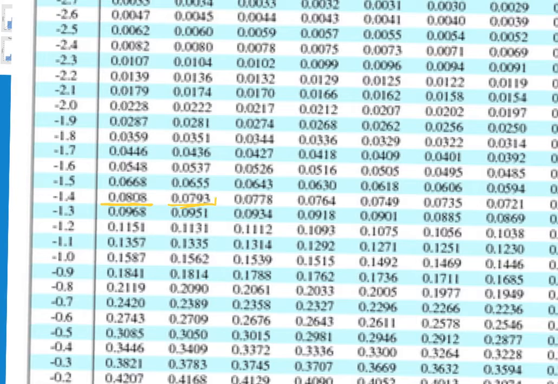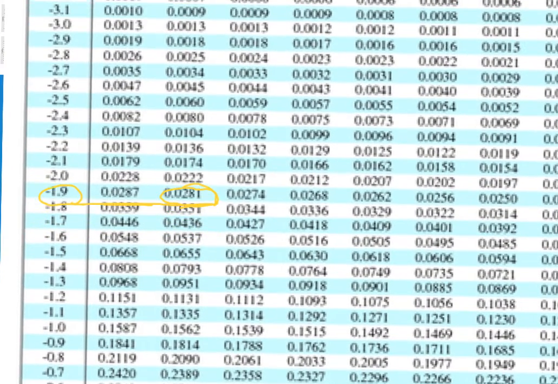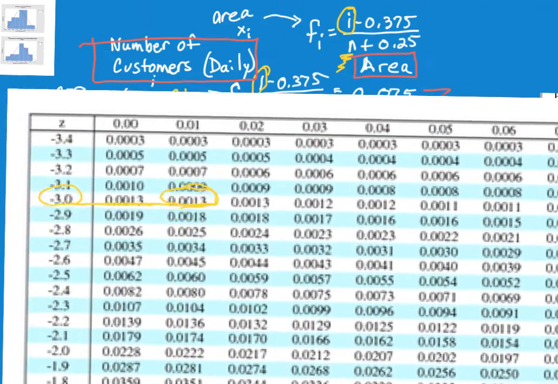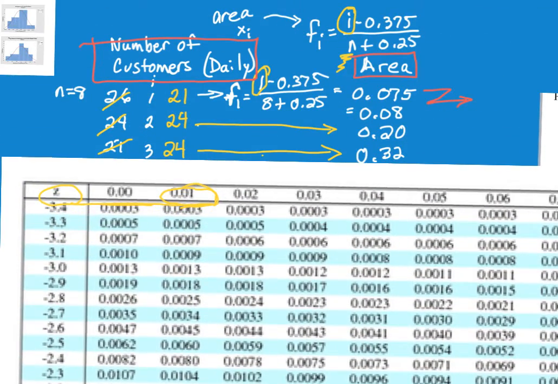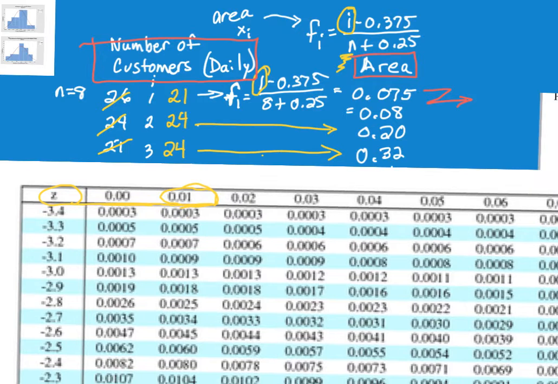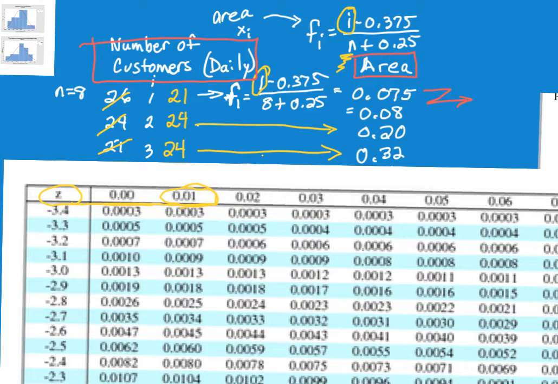It happens that the second one is just 1/10,000th closer to 0.08 than the other, so that's the one I'm going to use. Therefore, I look left, and I grab this negative 1.4, and then I have to go up. So I get a 0.1. So I have negative 1.41 is my z-score.